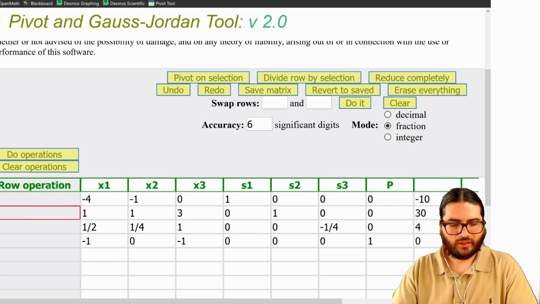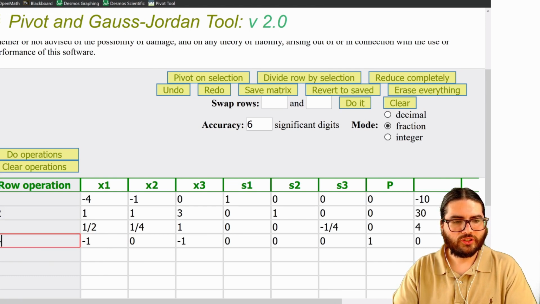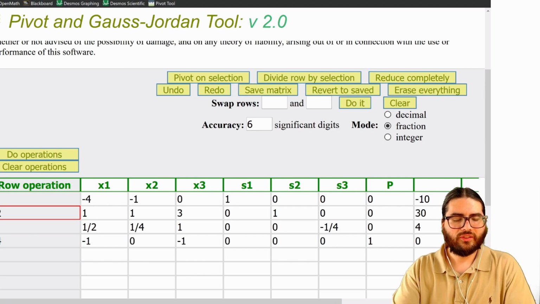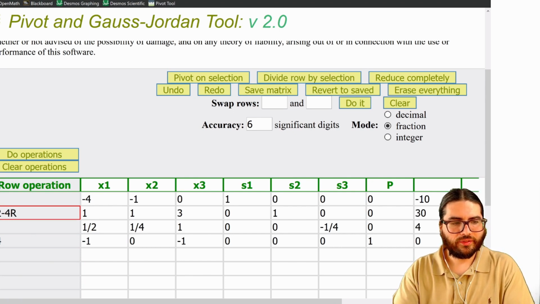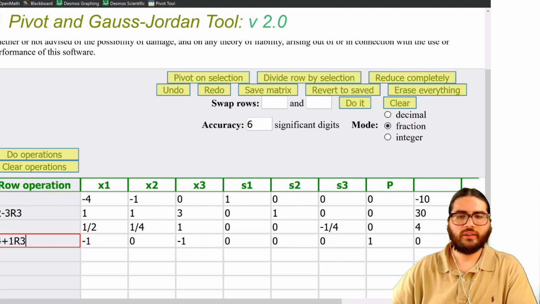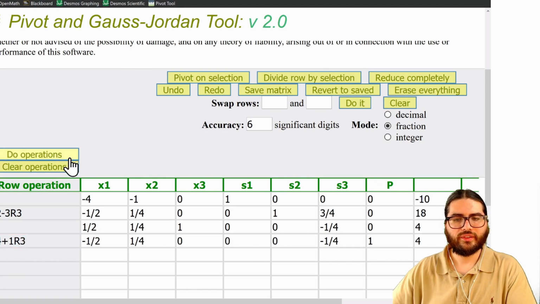So I'll use that. Row 2 and row 4 need to change. To cancel out 3, I need a negative 3 times row 3. To cancel out the negative 1, I need a positive 1 times row 3. Do those things for me, please.